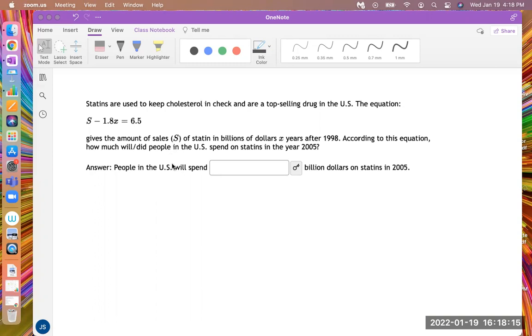The equation S minus 1.8x equals 6.5 gives the amount of sales of statin in billions of dollars a year, X years after 1998. According to this equation, how much will people in the US spend on statins in 2005?